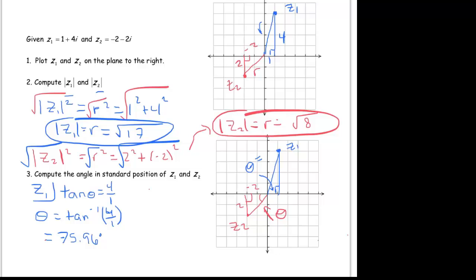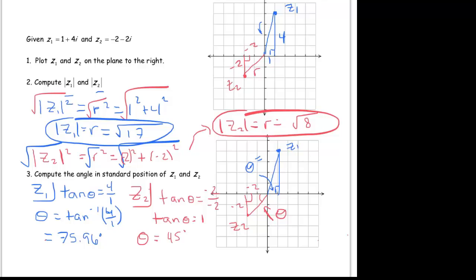So for z2, the tangent of the angle is equal to negative 2 over negative 2. Oops, I forgot to label these negatives. It doesn't affect the final answers over here, but still, technically I should have put that negative there. But in any event, the tangent of the angle is equal to 1. And whether you do tan inverse or not, you get that our angle is 45 degrees.